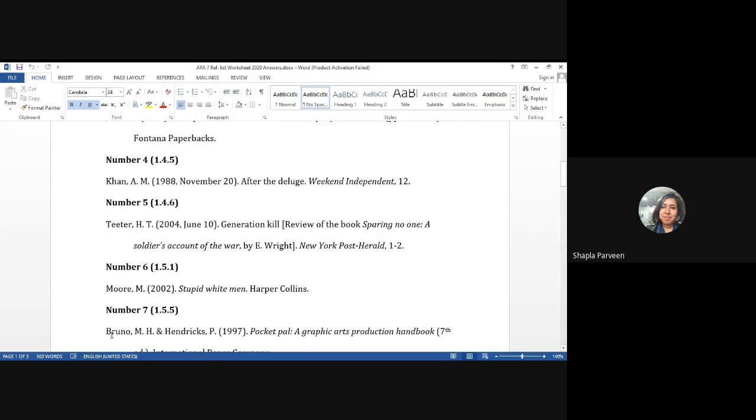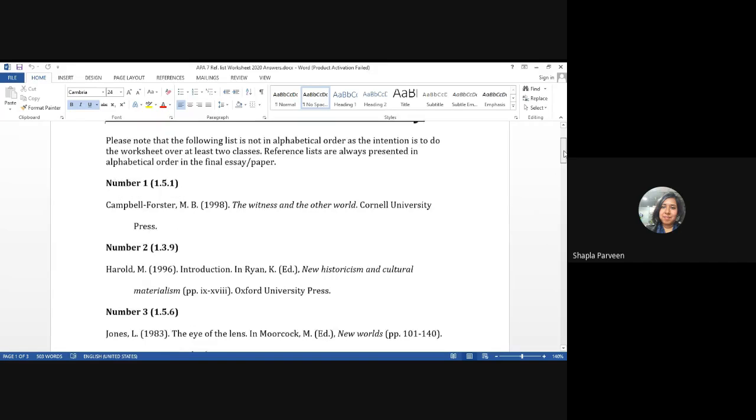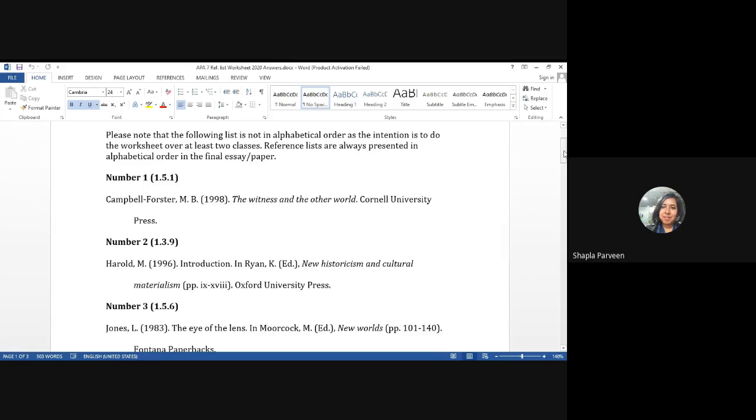It starts with B. So you can see it's not arranged in alphabetical order, but when you provide your reference list for your research paper, make sure that you arrange it alphabetically based on the initial of the first author's last name. Here it's not written alphabetically, just to make it easier for you to check the answers in a serial manner based on those 20 entries. Okay, so let's move on to the second one.